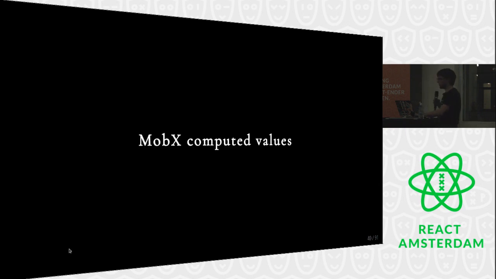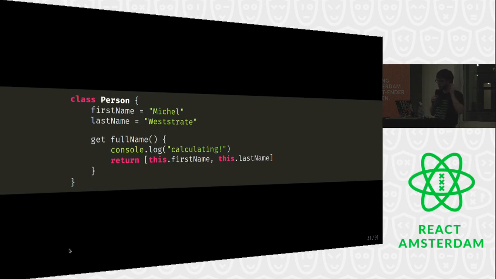And to show you how this can be solved quite easily, I'm going to take first a bit deeper dive into computed values. You already saw them. So here you have a plain JavaScript class, and it has a full name getter property. Each time you inspect the full name property of this object, it will evaluate, and there's something nasty in it because it will return an array.